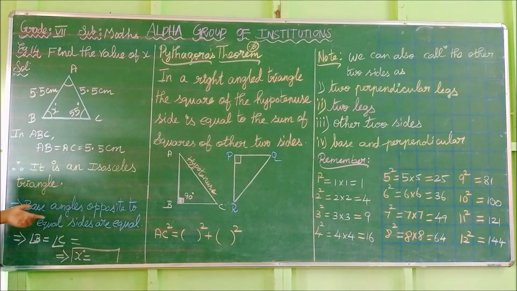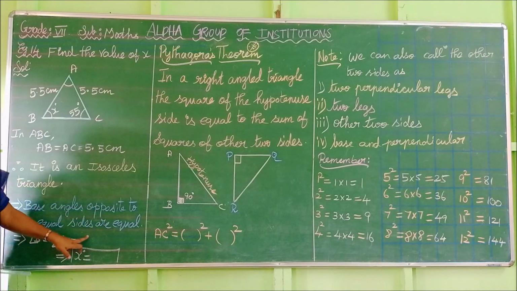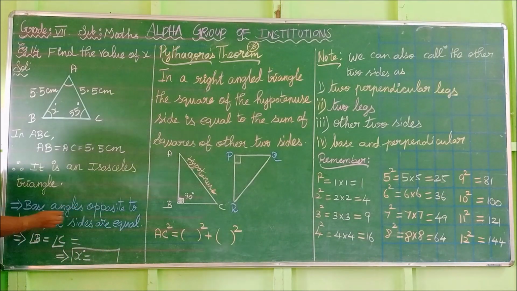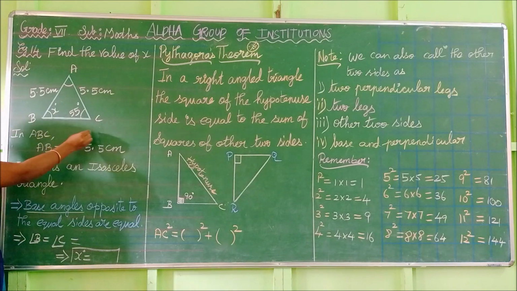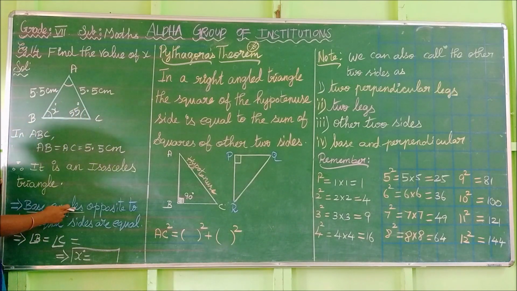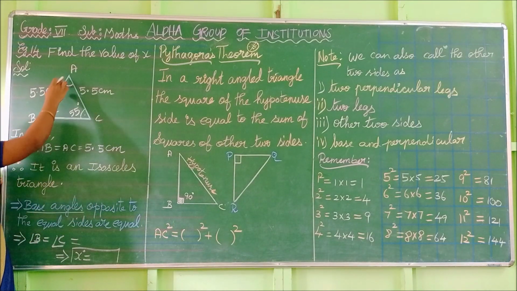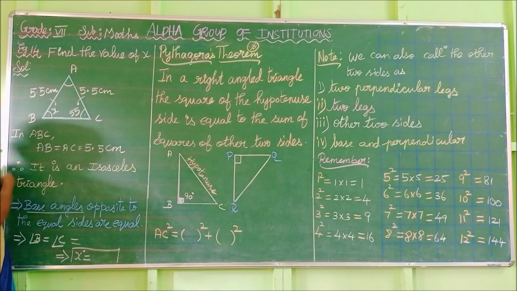What is its property? Base angles opposite to the equal sides are equal. Base angles. Here what are the base angles? Angle B and angle C are the base angles opposite to the equal sides. What are the equal sides? AB and AC are the equal sides.